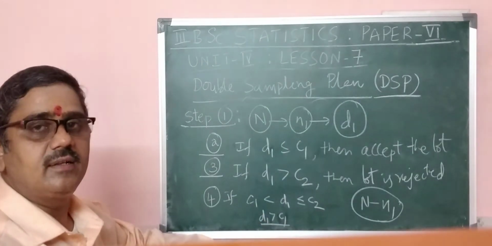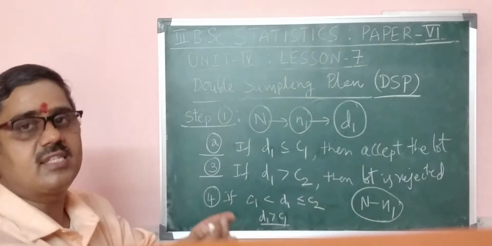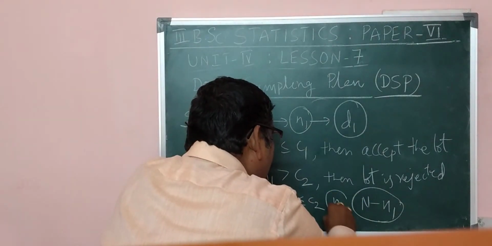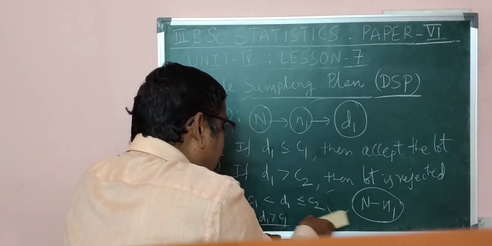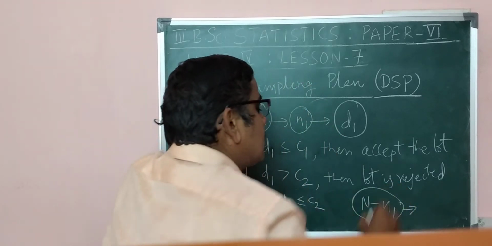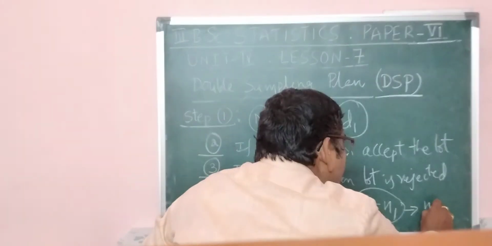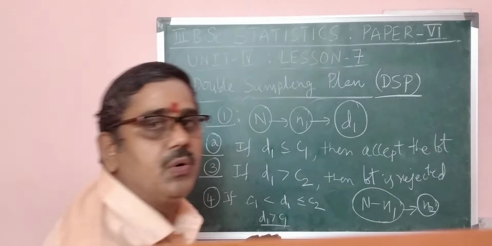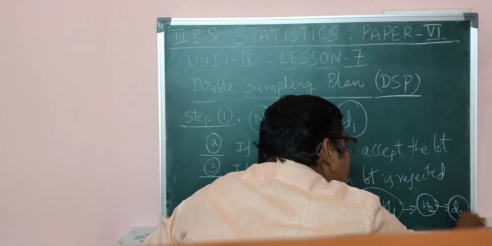In that case, you have to draw a second sample of size n2 from capital N minus small n1, that is the remaining items of the lot, and also find the number of defective items in the second sample, let it be D2.